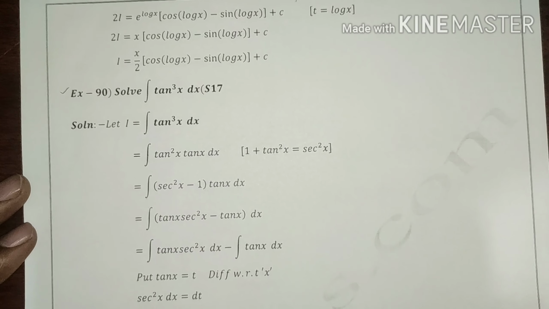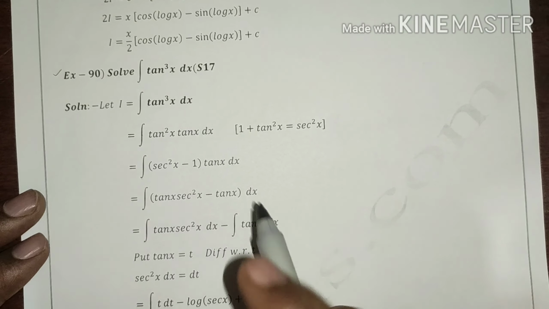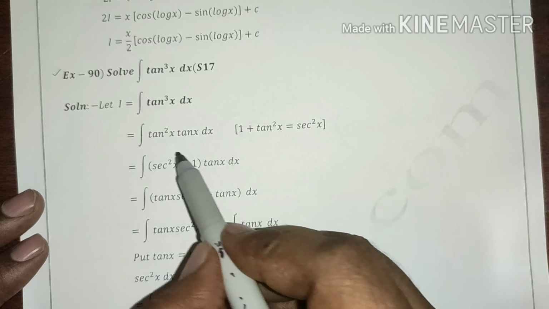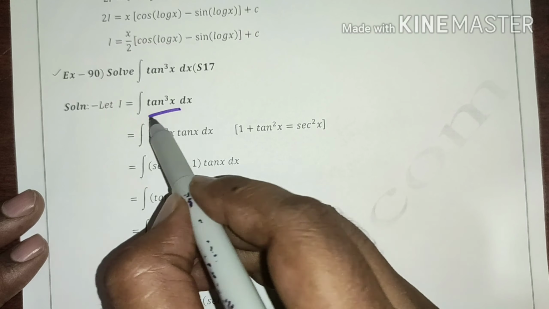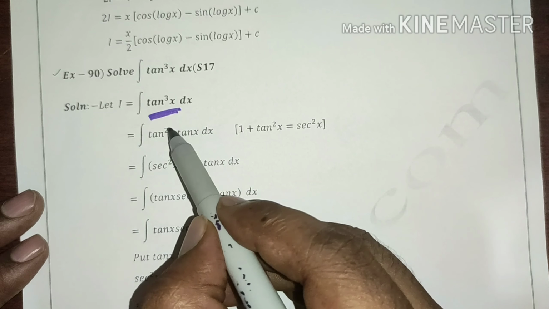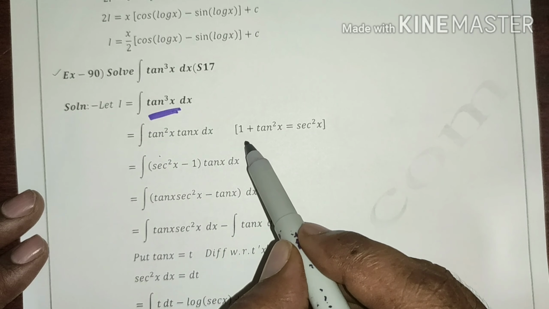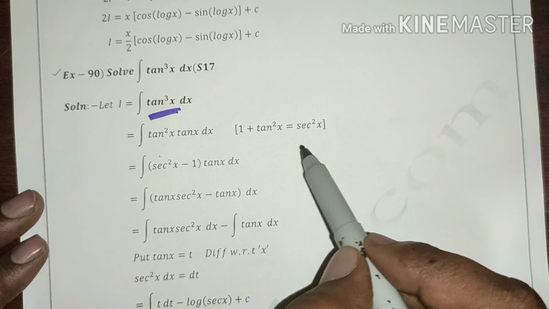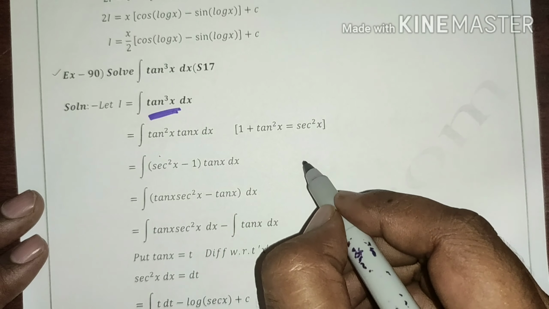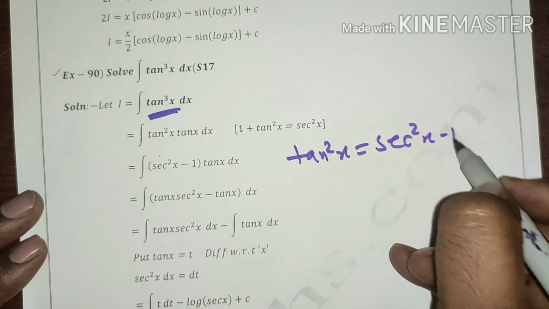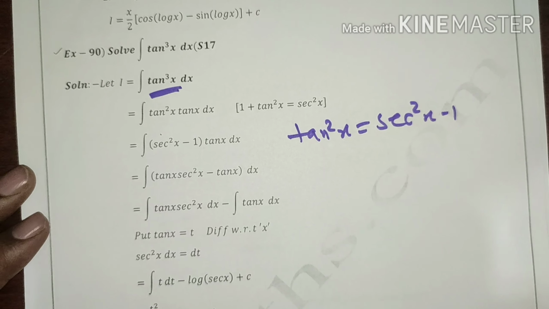See example number 90. Integration of tan cube x dx. We separate it as tan square x into tan x, that is, cube as square times single. We know the formula 1 plus tan square x is sec square x, so tan square x becomes sec square x minus 1.